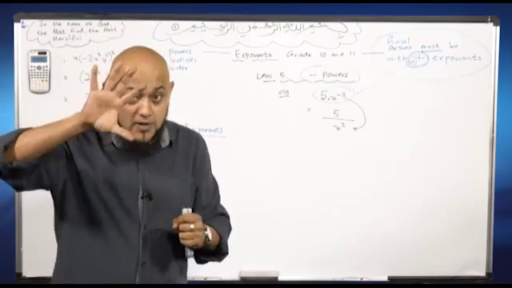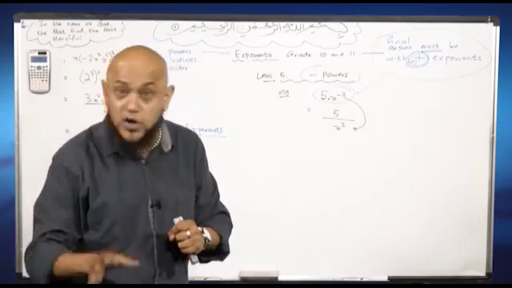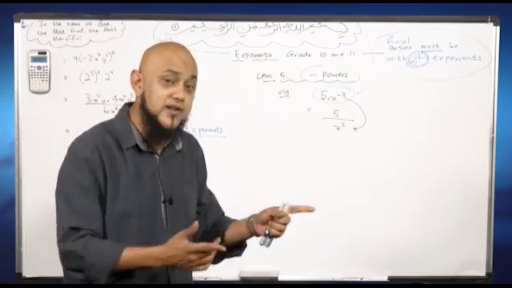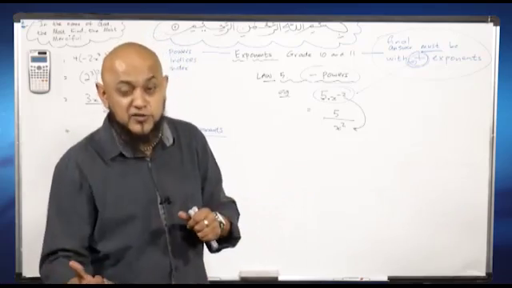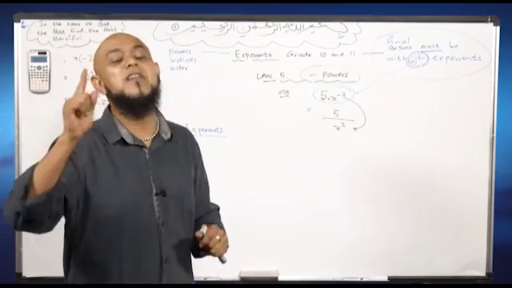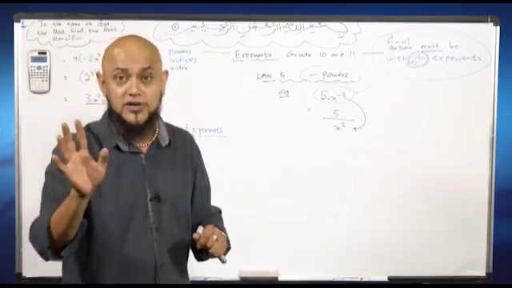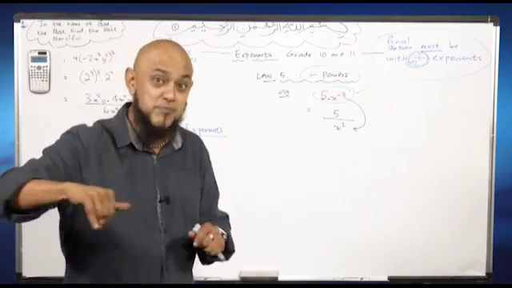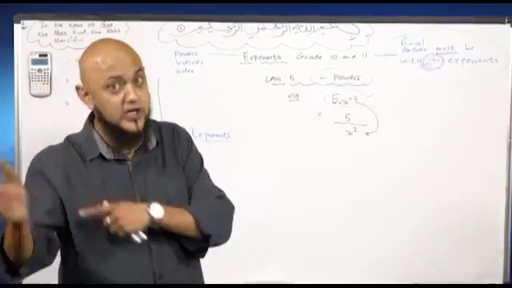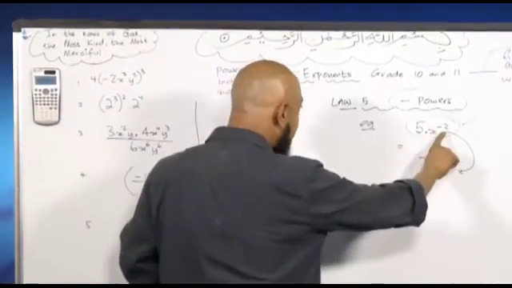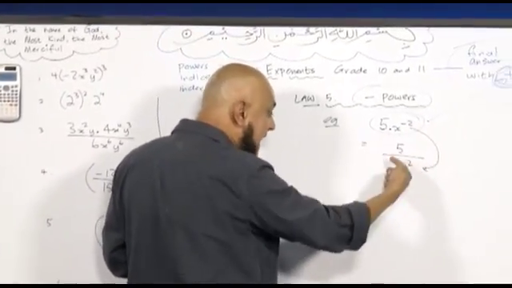A power and a base move together. Where the one goes, the other one has to go with it. So if the base moves, the power moves with it. But the power can never move on its own. It's the base that moves. The power follows. Okay, so x to the minus 2 comes down to the bottom.